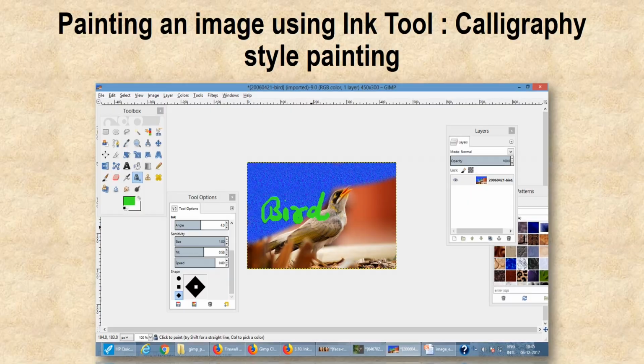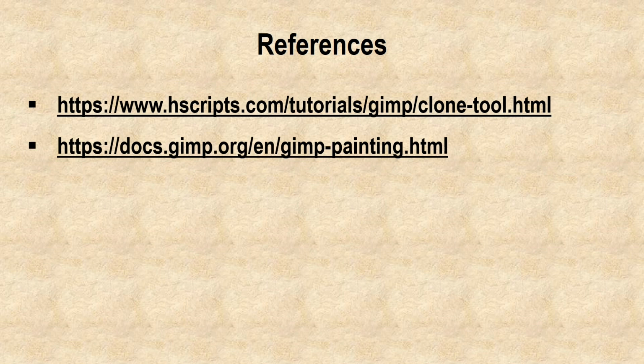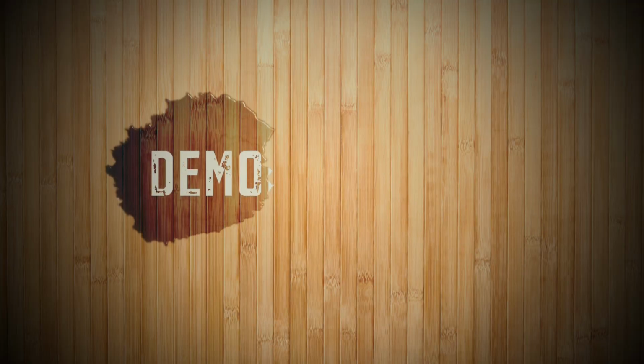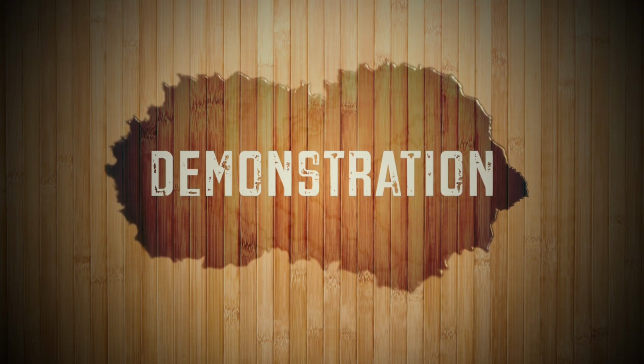So we can create wonderful effects by making use of airbrush tool and by making changes in the various tool options. In this particular figure you can see that we have written this bird word by making use of the ink tool. You can know about the features of all these tools in detail by going through these given references. And now let us have a quick demo on the GIMP software.